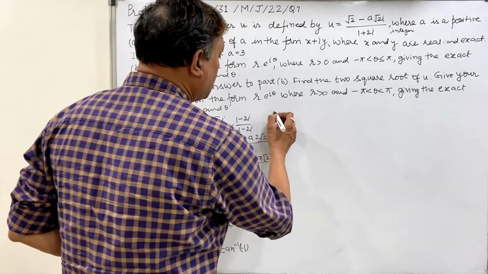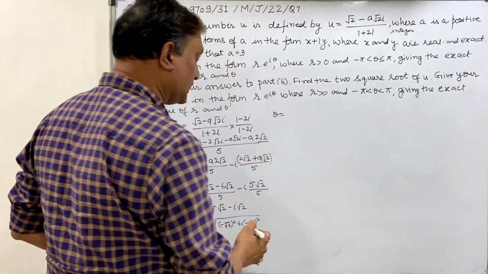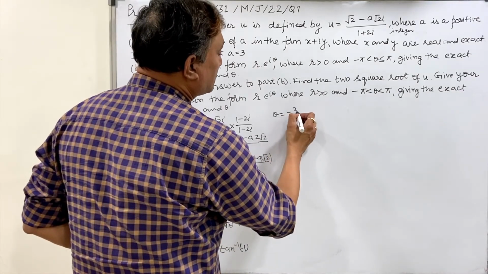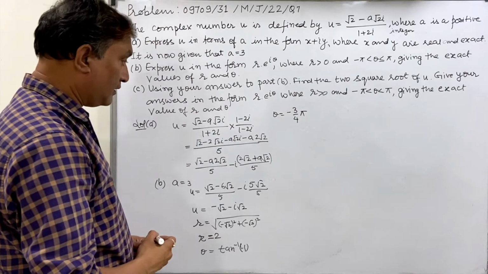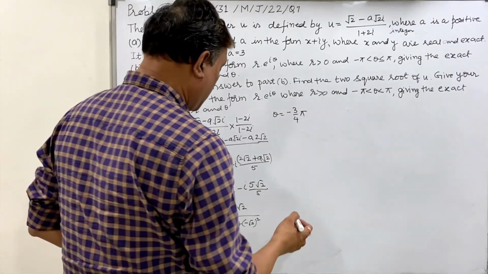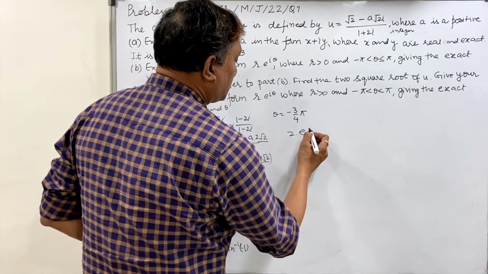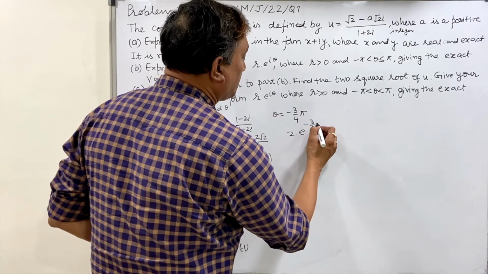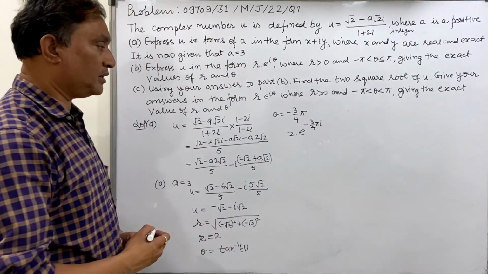So theta equals tan inverse minus 1, which gives minus 3 by 4 pi. So the answer would be 2 e to the power minus 3 by 4 pi i. This is the answer of B part.